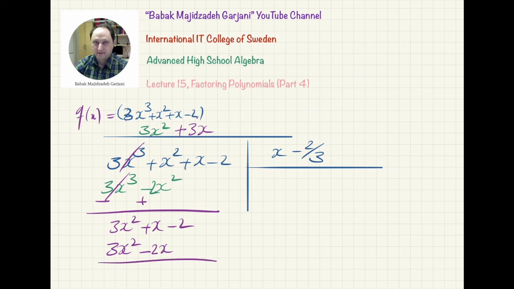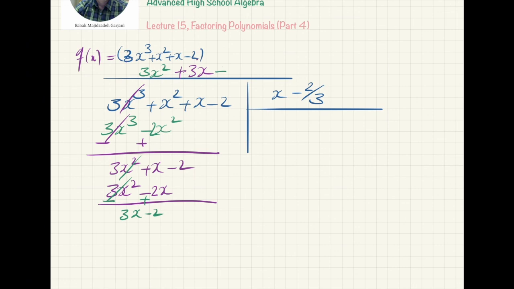Then I will change the signs, negative, positive. This is gone. I will get 3x minus 2. And if I divide, I will get positive 3. It becomes 3x minus 2. I will change the signs, negative, positive. Then the remainder becomes 0.